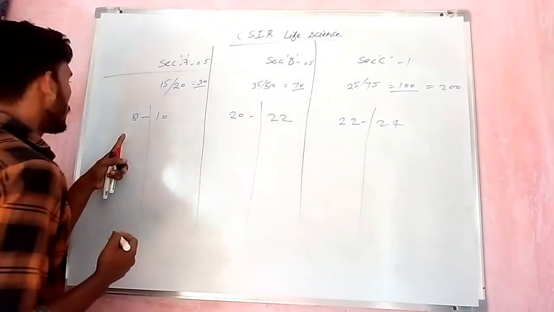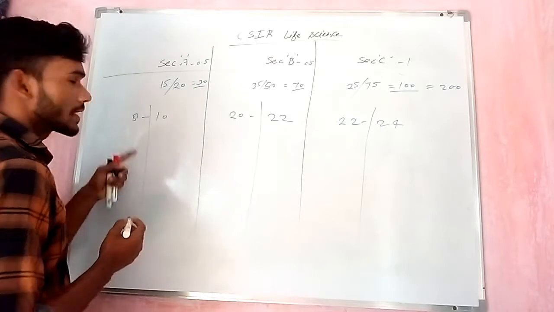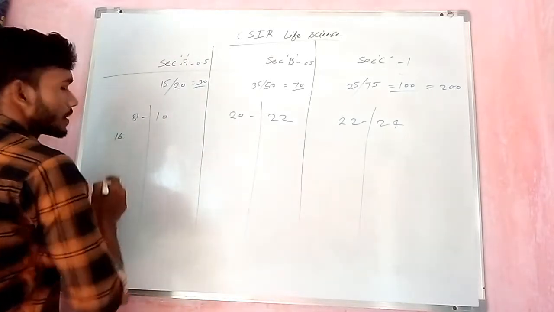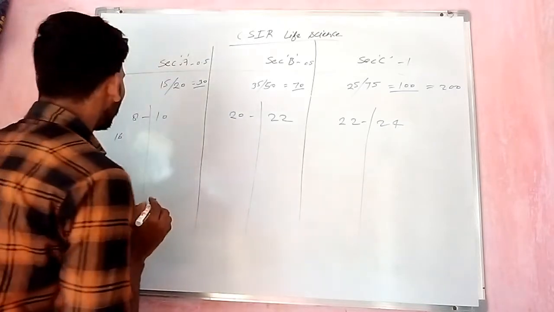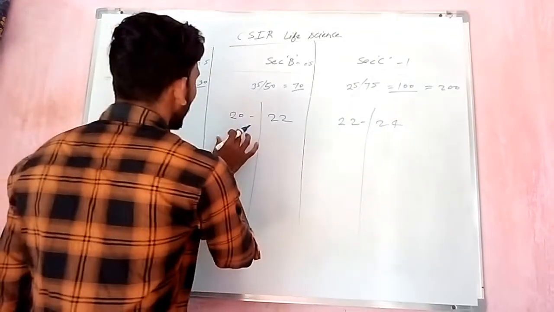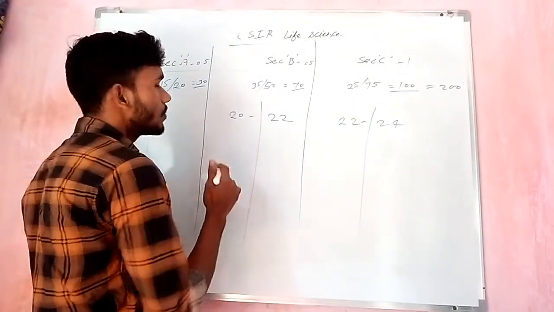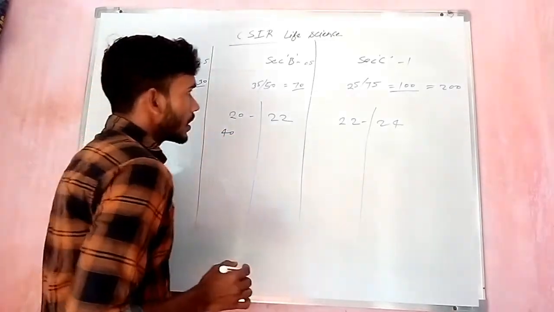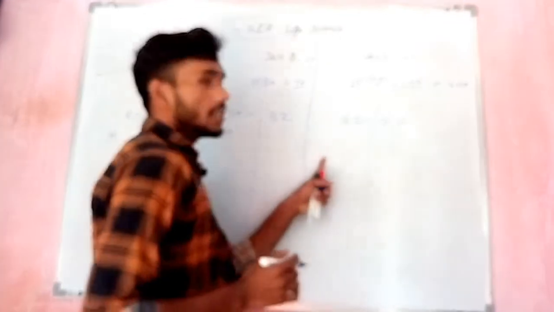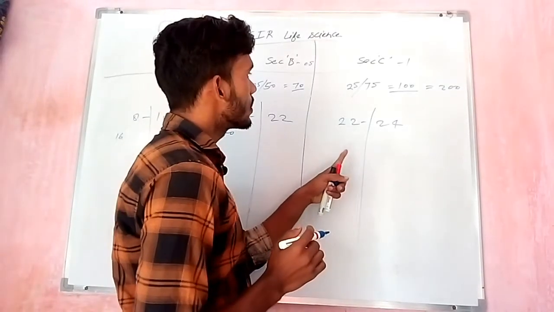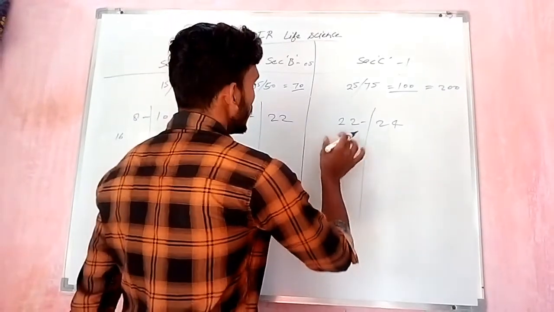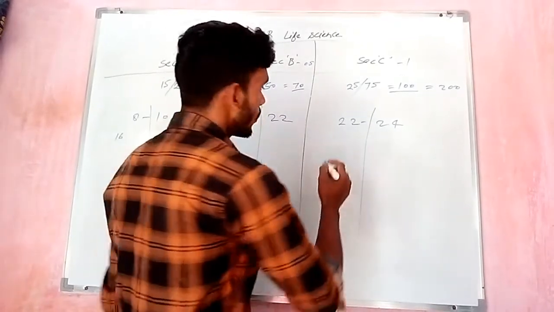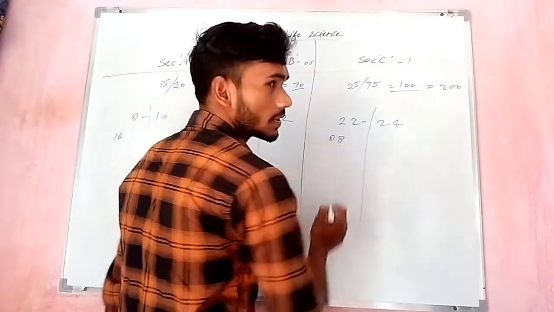If we attempt 8 in section A, 8 into 2 is equal to 16 marks if all of them are correct. If we attempt 20 in section B, 20 into 2 is equal to 40 marks. In section C, each question is of 4 marks. If we attempt 22, 22 into 4 is equal to 88 marks.